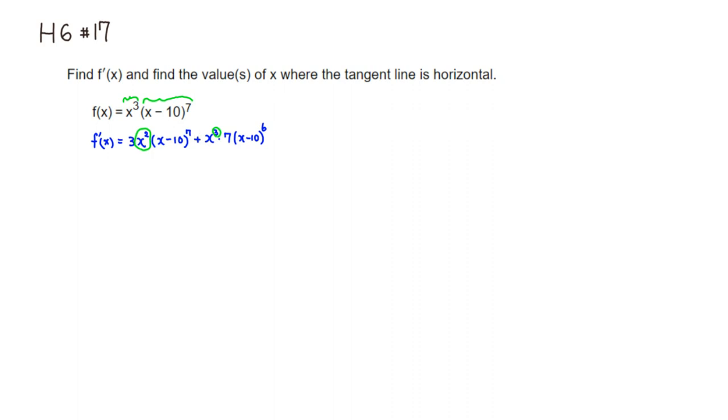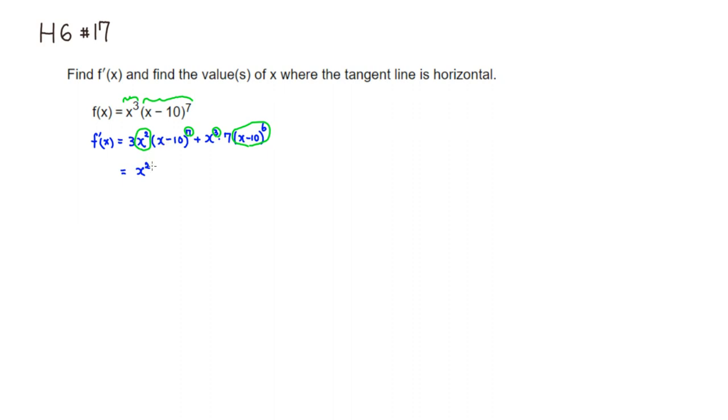I'm going to pull out x squared. Another thing we can pull out is the quantity x minus 10 to the 6th power. The first term has 7 of those. Again, I'm going to circle this power just to indicate that we have another x minus 10 sitting there.